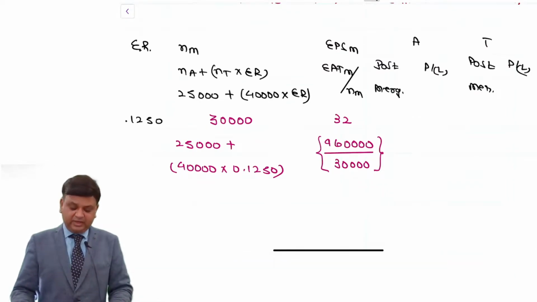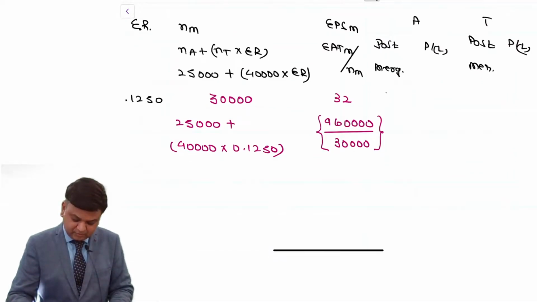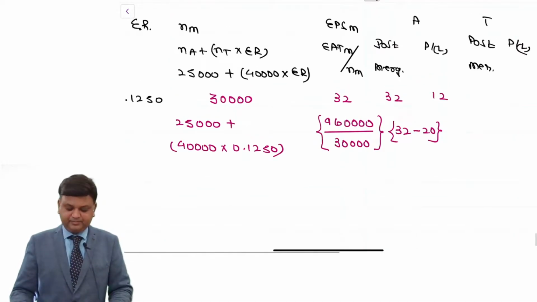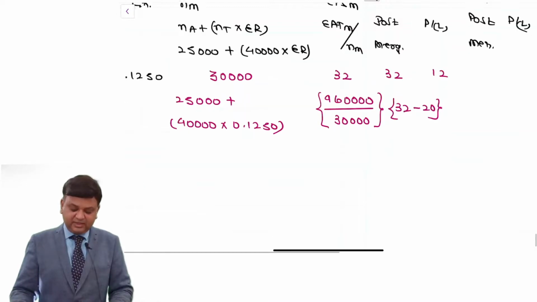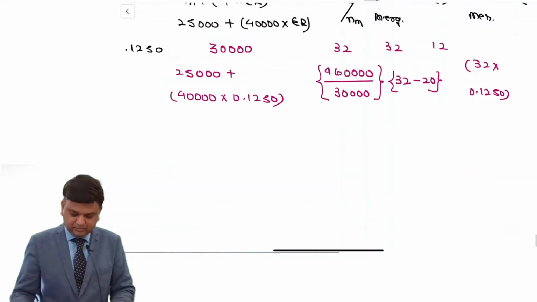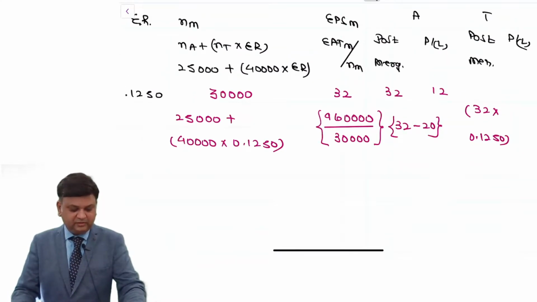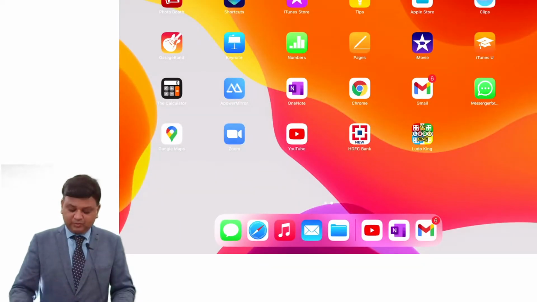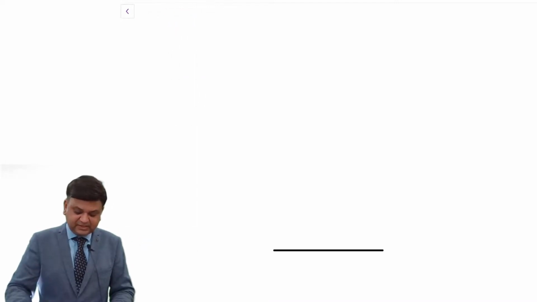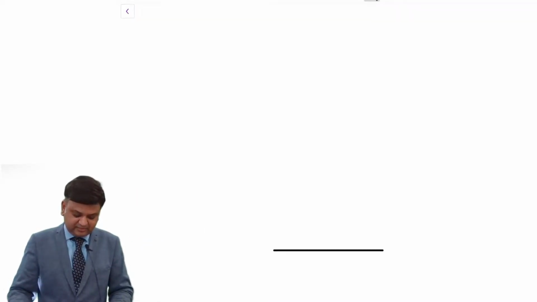EPS attributable to A Limited post merger is 32. Pre-merger it was 20. So there is a profit of rupees 12. For the target company it is 32 into exchange ratio 0.1250. So 32 into 0.125 comes to rupees 4. That is the EPS attributable to the shareholders of the target company.